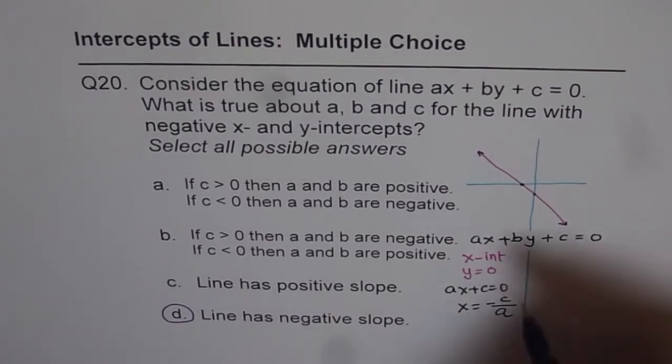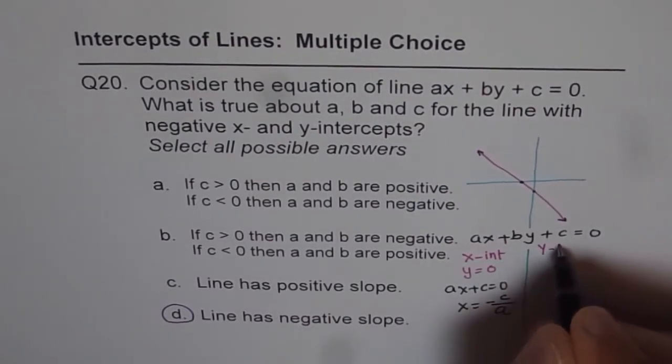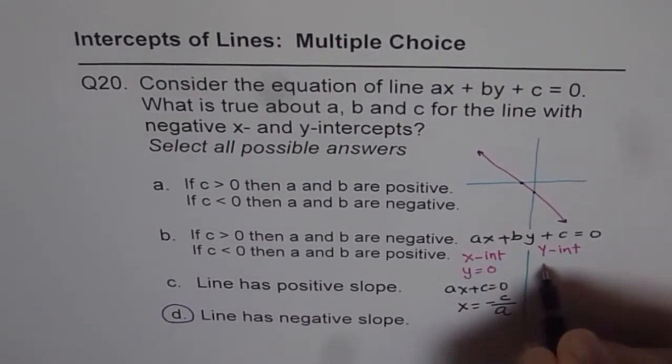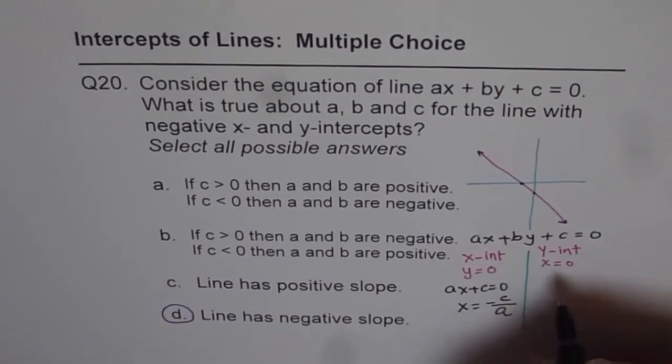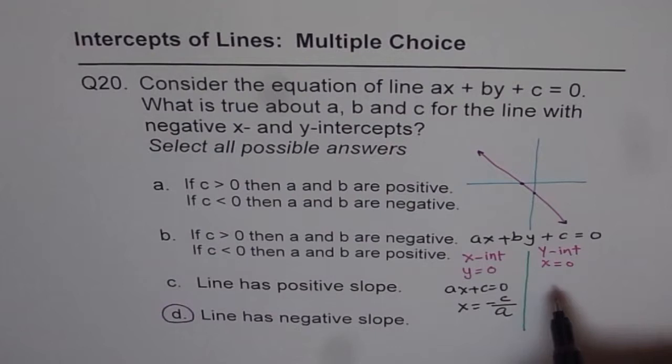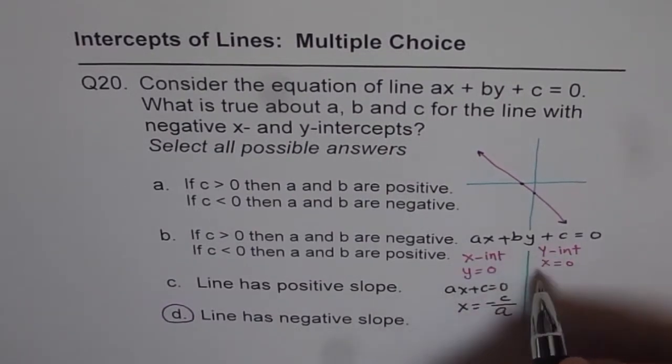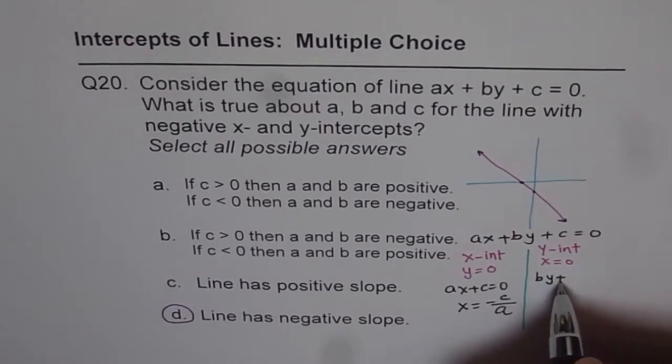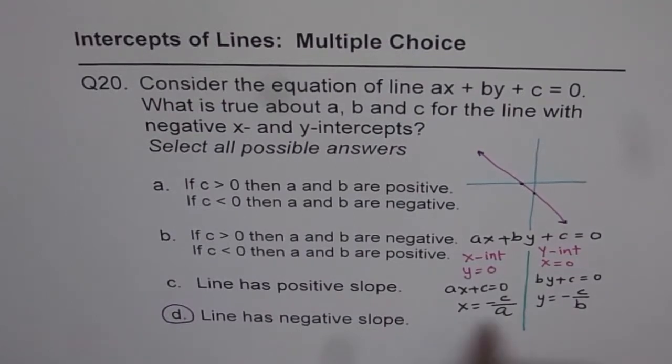Now how about y-intercept? Let's calculate that also. Y-intercept really means that x value is 0, right? Now this is y-intercept. X value is 0, so we can substitute x as 0 here. We get our equation as by plus c equals to 0, or y equals to minus c over b. So that is the value of y-intercept.